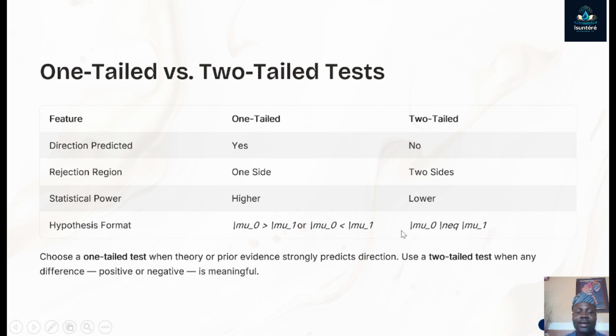But for two-tail, we will just say there's a difference between mu1 and mu2 in a null hypothesis statement. So this is how we usually test a hypothesis. We can test it the one-tail way or the two-tail way, depending on how the hypothesis is stated.